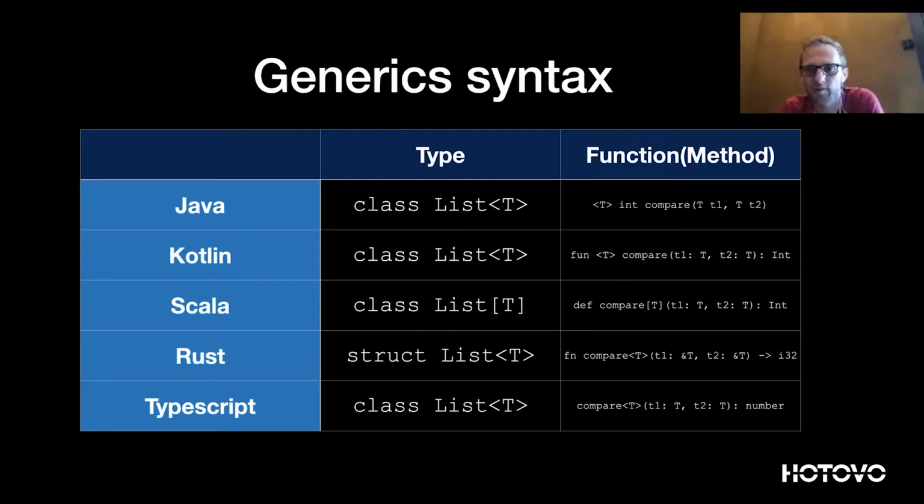In Rust it's similar, not fun, but fn this time. And we have the TypeScript syntax here, which is similar to the Rust one. So you can take all of the combinations, throw them in a box, pull out something, and you would get a new syntax for a new language.